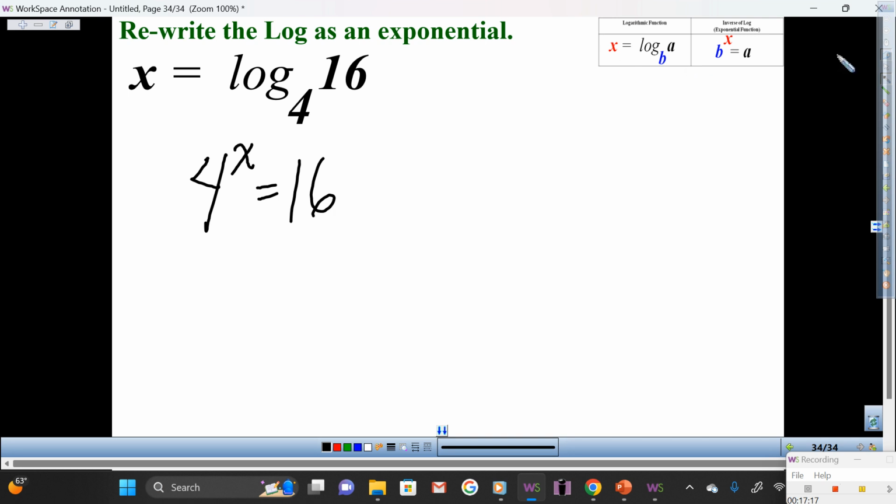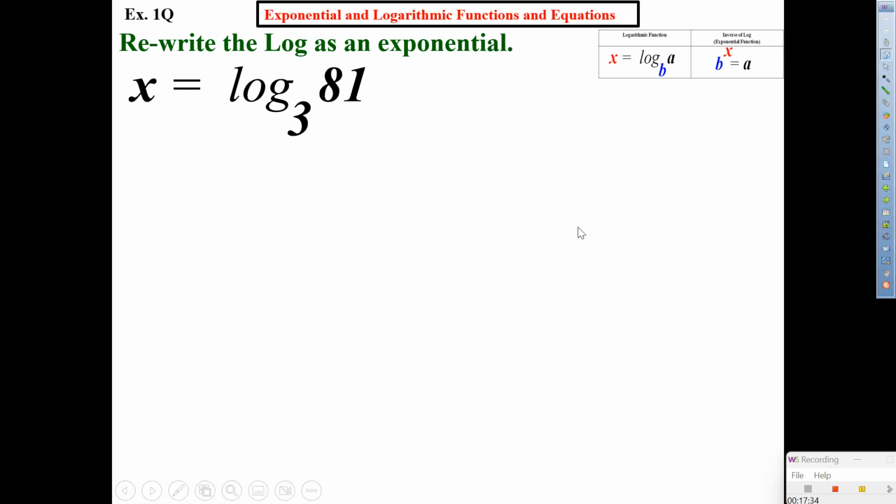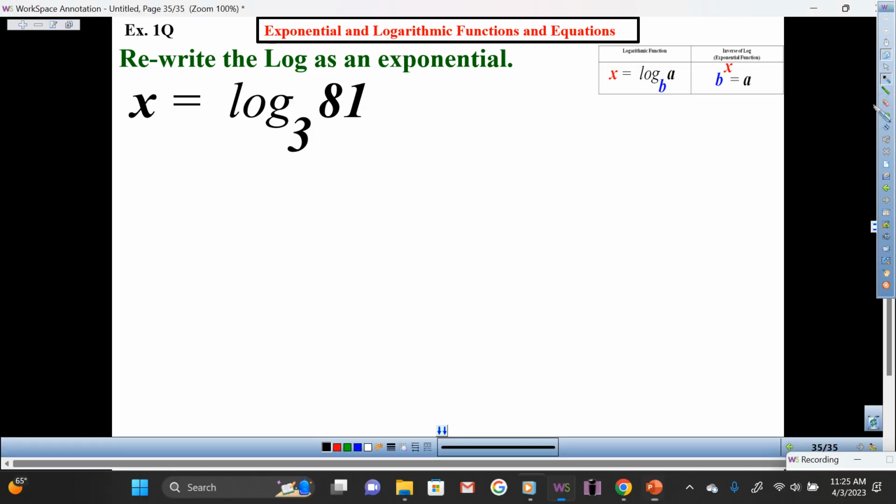All right, let's do another one. Copy this. For this one, you don't need the instructions. Just copy the log. Example 1Q, X equals log 3, 81. Should be just about done rewriting that as an exponential.